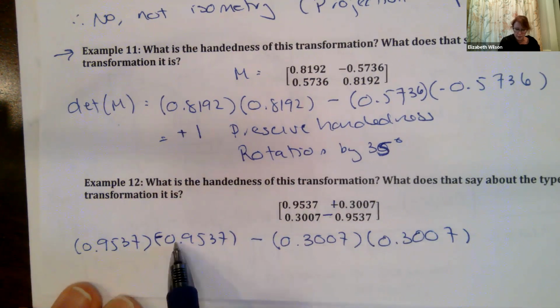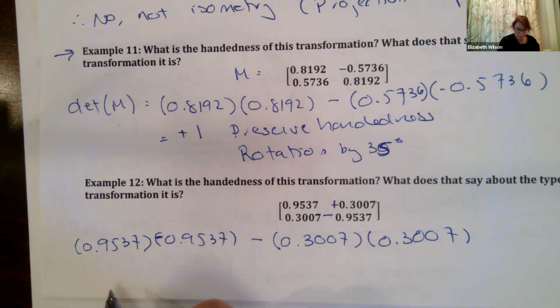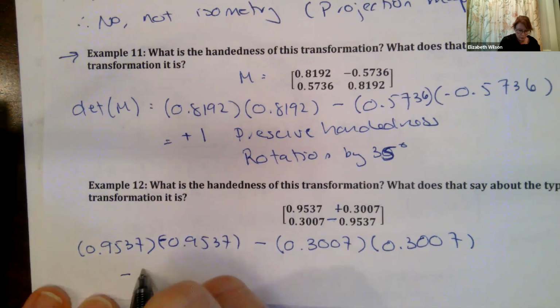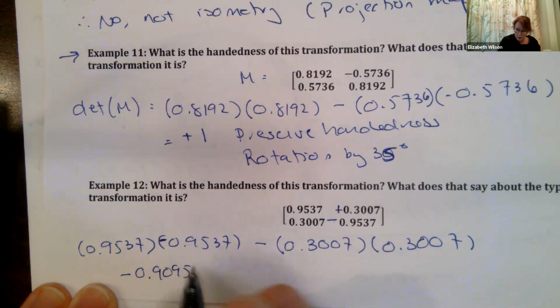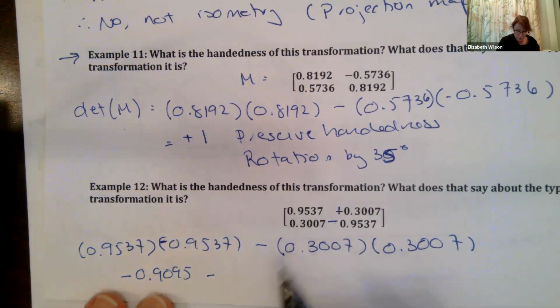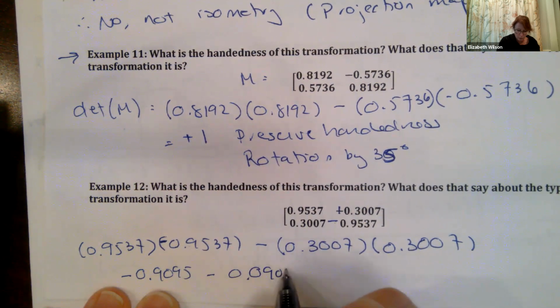So I'm going to multiply these together. This is going to be negative 0.9537 squared minus 0.9095 minus 0.0904.